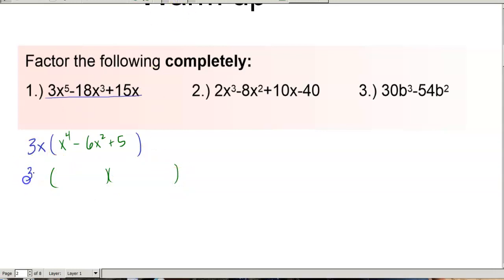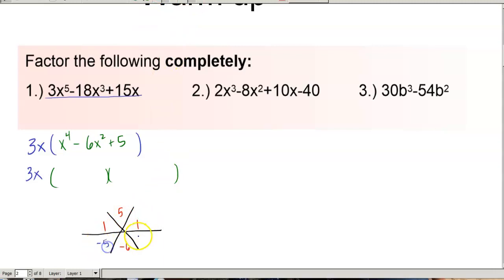And the answer is going to be coming from, if we try snowflake here, this is one strategy that we've been using all along. Notice that our first term here is an x to the 4th, but the actual coefficient here is 1. So I'm going to put 1 here. Then a times c is 5. The middle term, or b, is negative 6. And this does factor, and it works out.